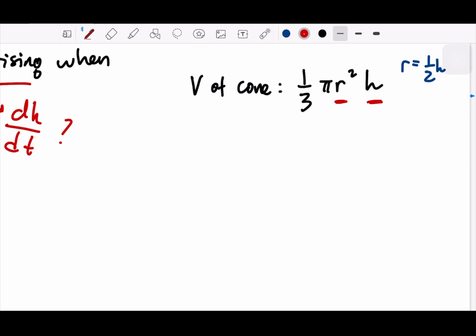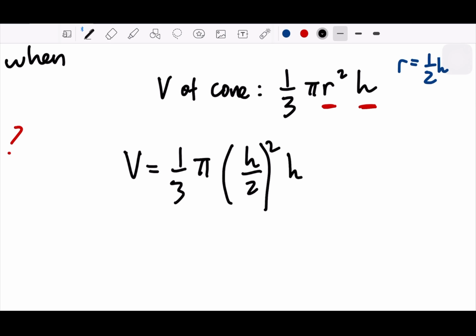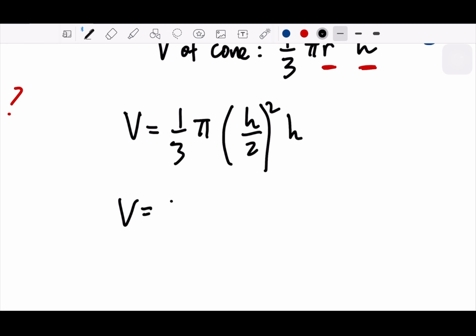So I think it would be better if we exchange the R, since we are looking for the height. So V is 1/3 pi, and we can have pi h cubed over 12.